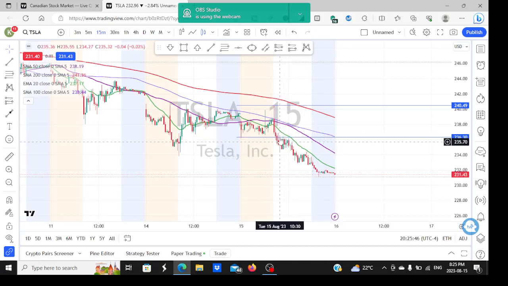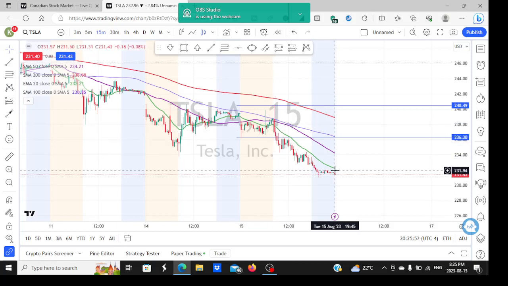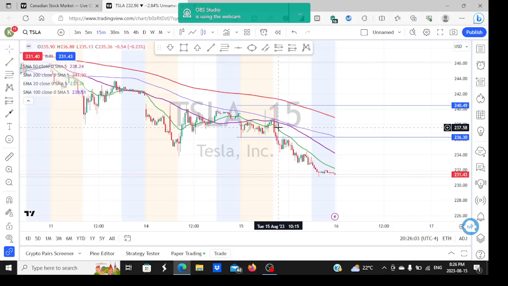As long as it's not coming above this. This is the green 20. As long as it's staying below that 20, I should have just stayed in the trade. Next time I'll know to stay right there and let it.